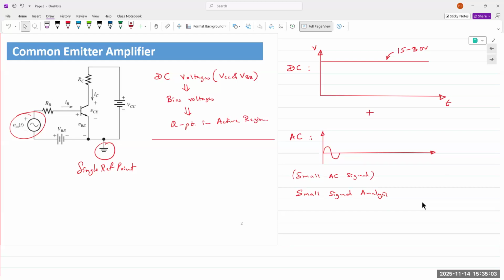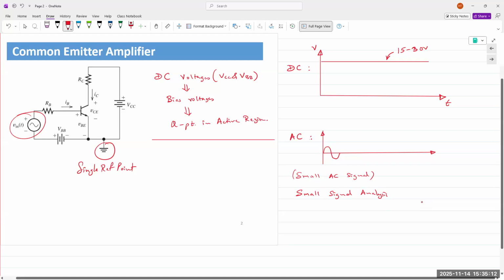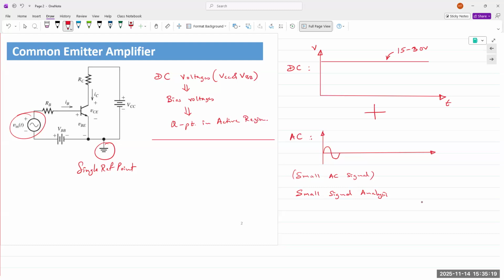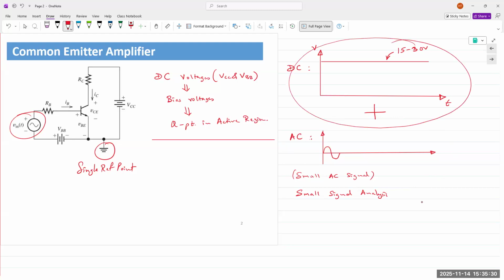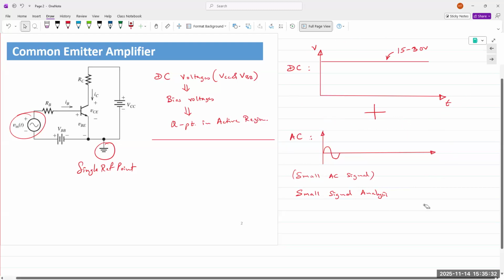The question being asked is whether DC represents both the DC sources. The answer is no. This is just a rough explanation of what actually happens inside an amplifier. We have an AC signal applied as the input, and the amplifier takes energy from the DC sources and gives it the shape of this AC waveform.